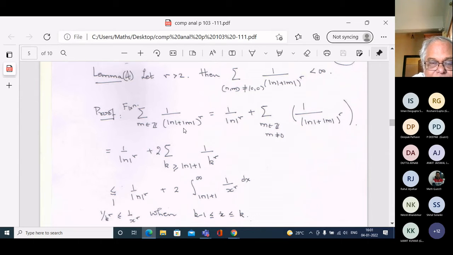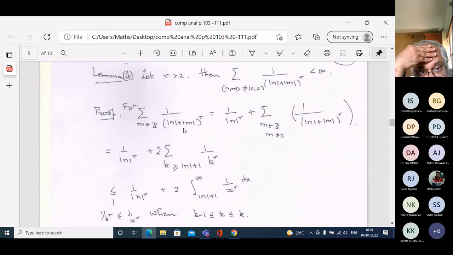And what is this sum? 1 over k to the r is less than the integral of 1 over x to the r dx on the interval where x lies between k minus 1 and k, because that's a decreasing function.